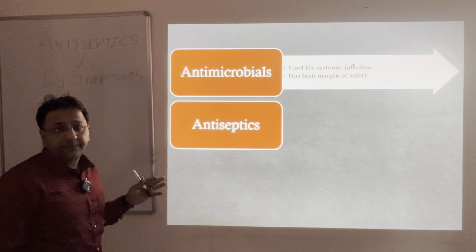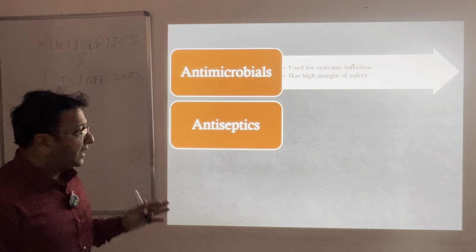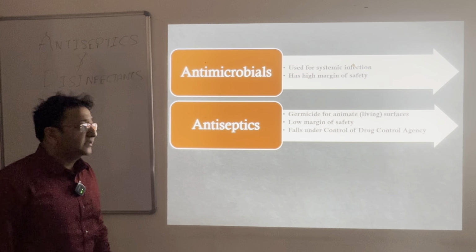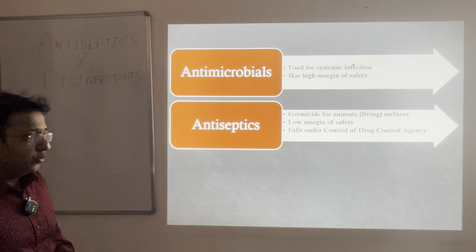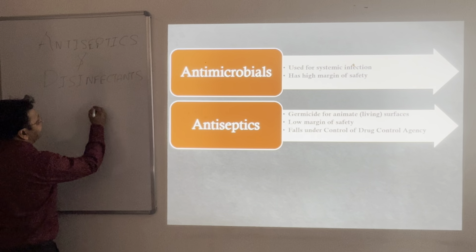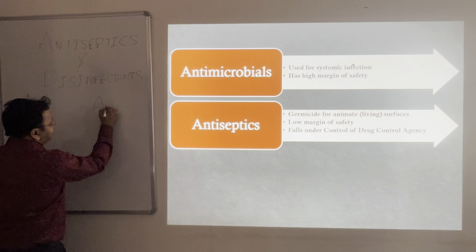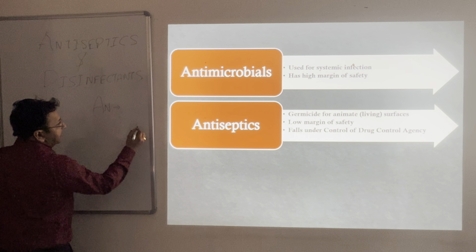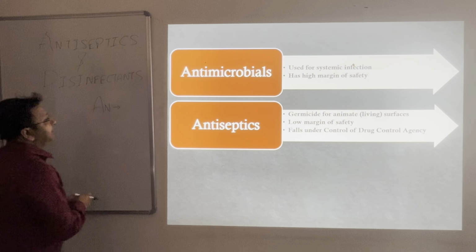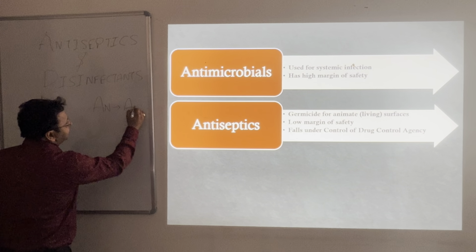Now, coming to the antiseptic, which is our topic today. Antiseptics are germicides for animate, living surfaces. I am going to tell you a mnemonic to remember the difference between antiseptics and disinfectants. Antiseptic starts with AN, and antiseptics are useful for the animate, which is also AN.